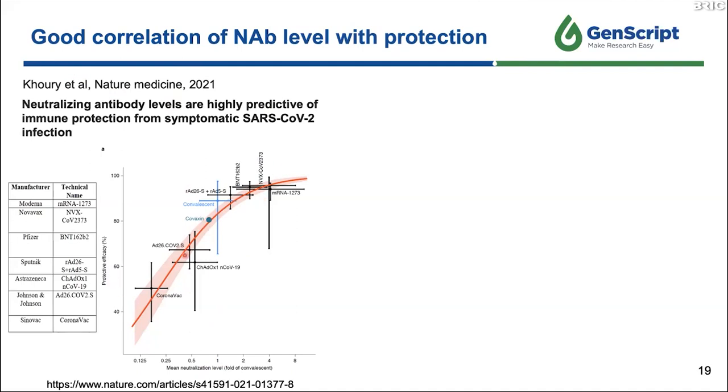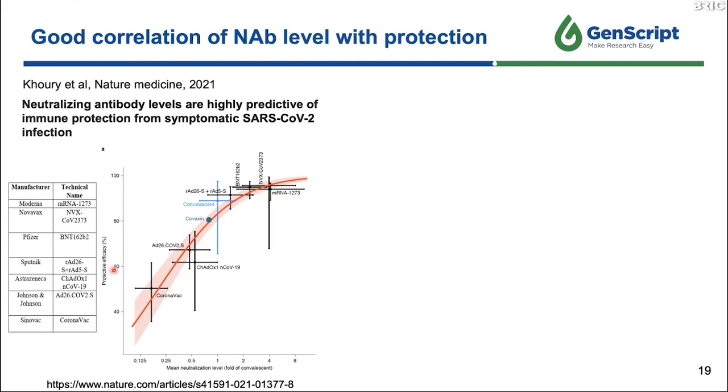They analyzed 7 vaccines, including mRNA vaccines like Moderna and Pfizer, the adenovirus vaccine AstraZeneca, and inactivated vaccines like Sinovac. As shown in this image, a higher mean neutralization level corresponds to a higher protective efficacy.